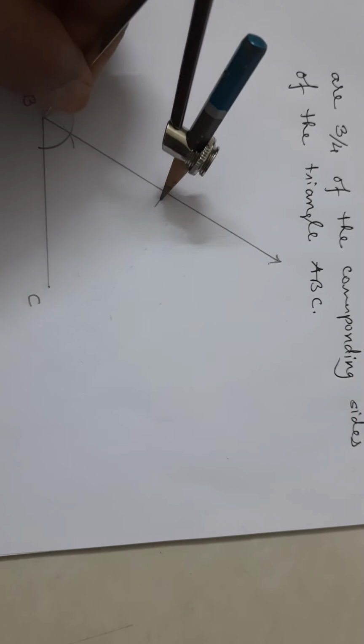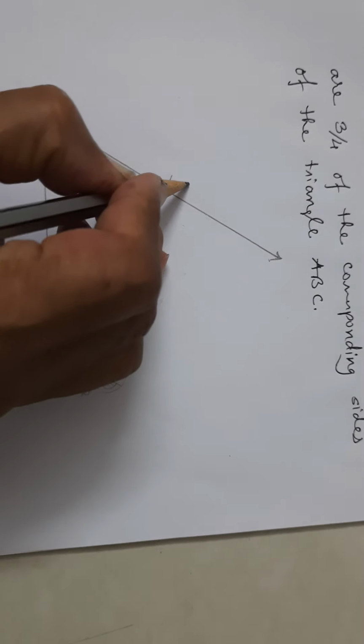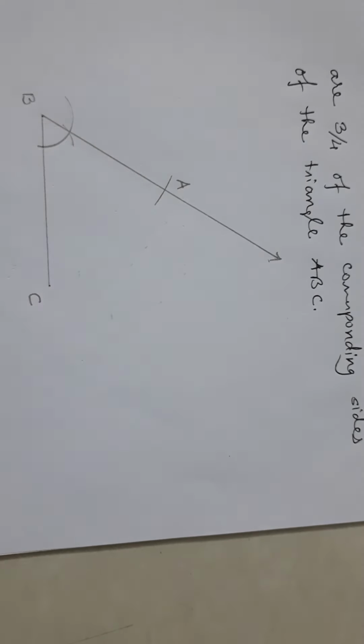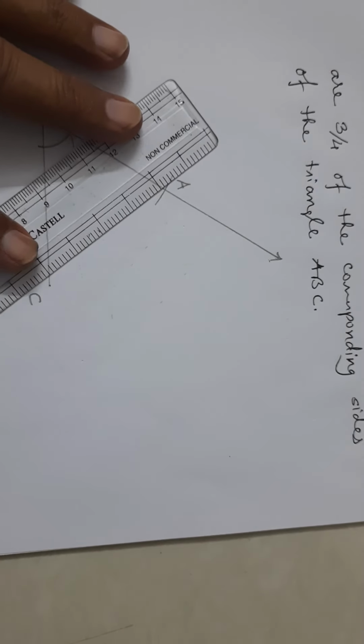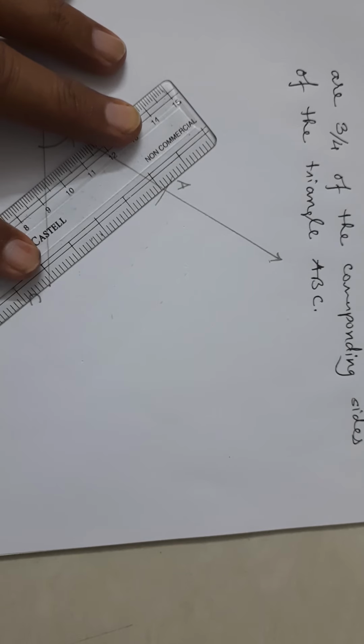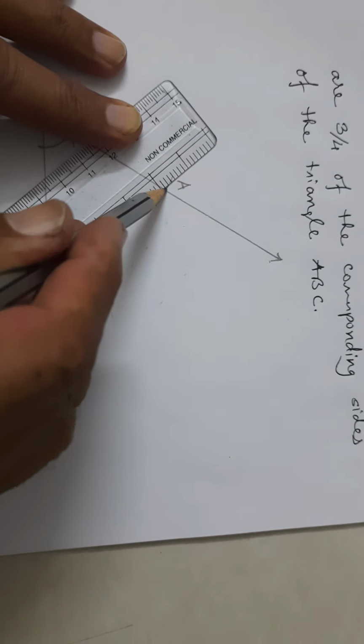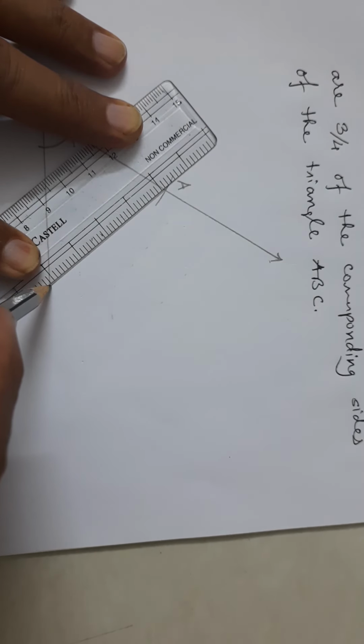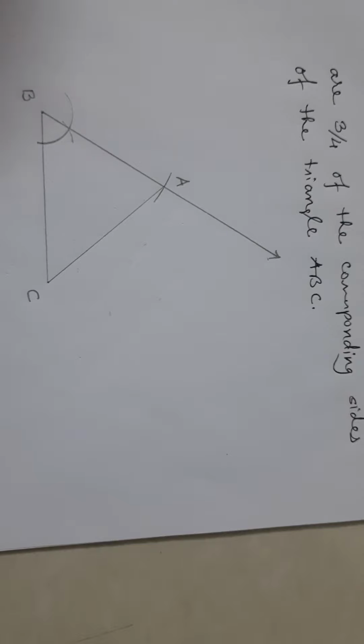So this is 5 cm and where I have marked A, now you see I can join. So a triangle gets constructed. Yes, this is triangle ABC.